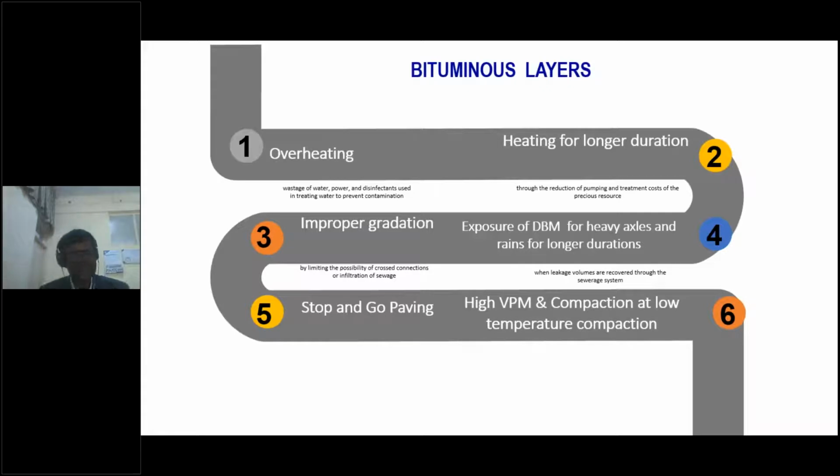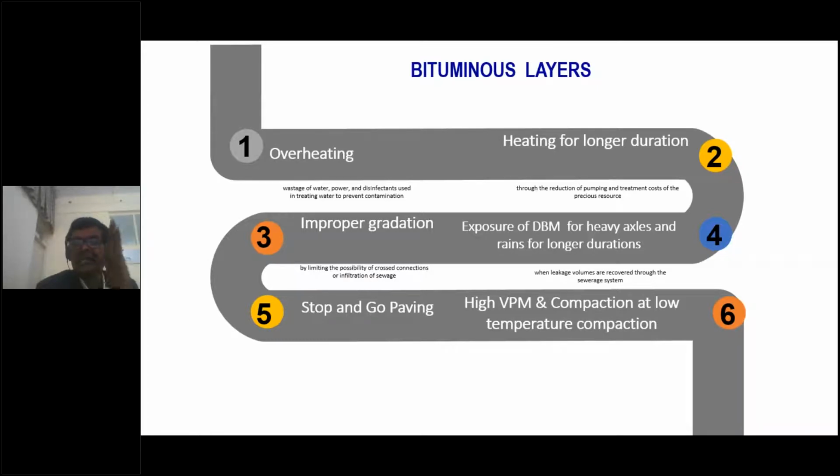Because of this, many times in the mix plant we overheat the mix. That is one. Second, equipment is operated by skilled operators, but many times it so happens, human error, we overheat, and that kills the life. The life reduces drastically if we overheat the bitumen or the bituminous mix.